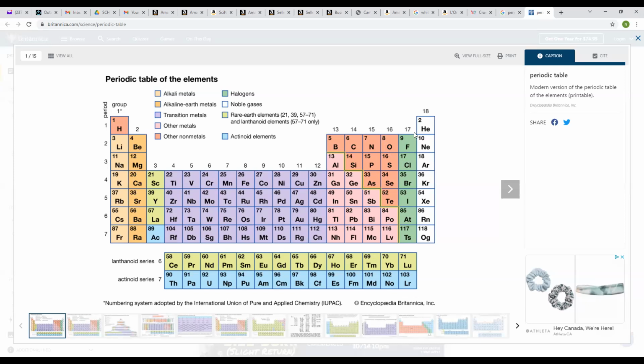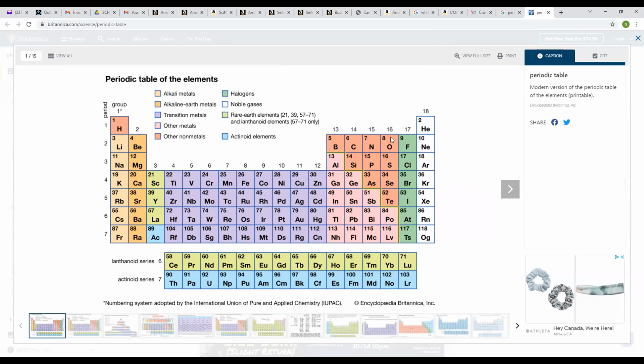So group 17, what sort of ion charge do you think it will tend to form, and why? A -1 because it already has 7, so it's easier to just take one. As soon as it takes one, it has one extra negative charge, so it has a charge of -1.